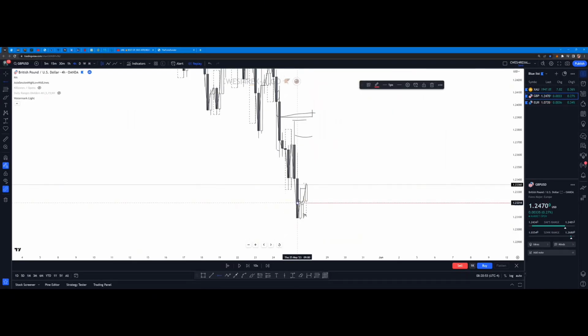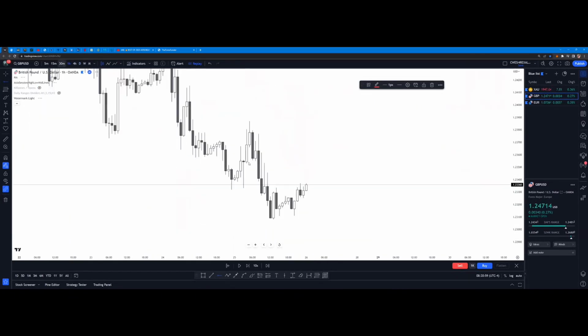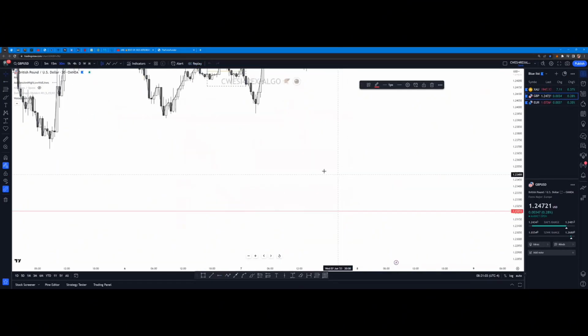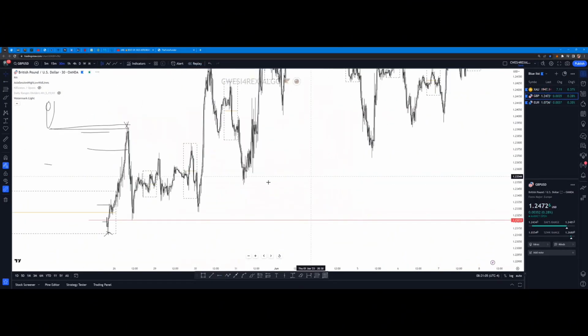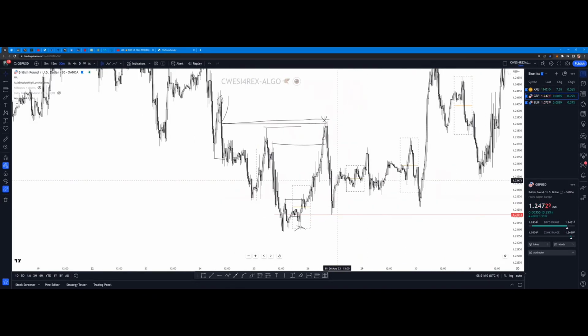So we have this rejection block over here. You can go back, and you can see price came all the way from here, tapped into the point of interest, right?